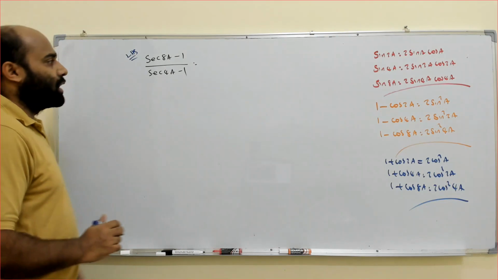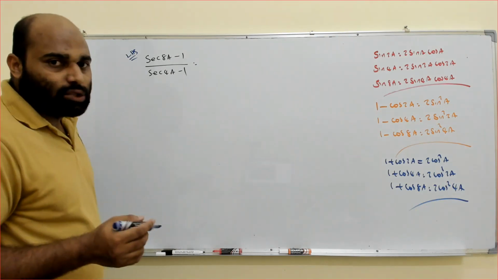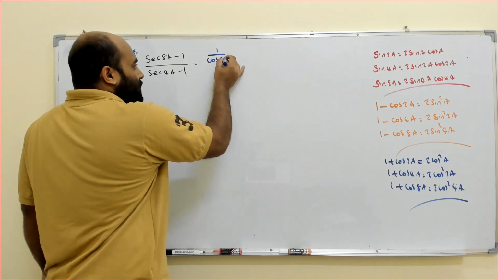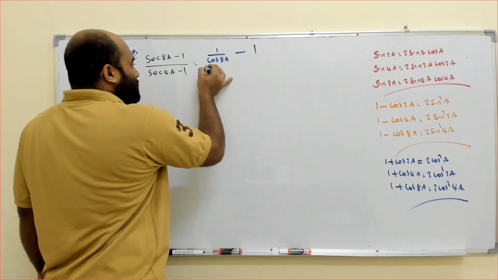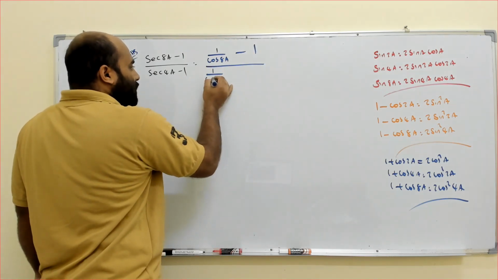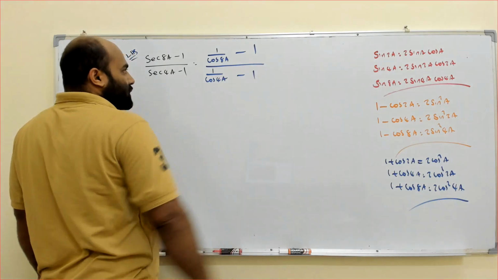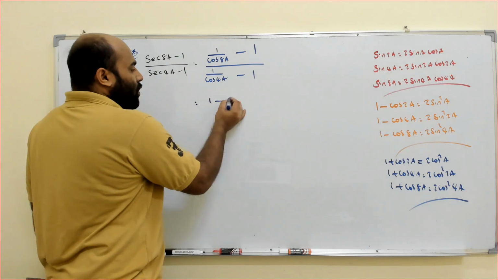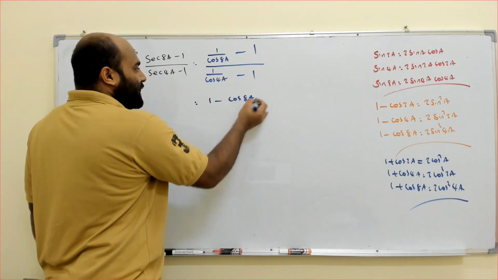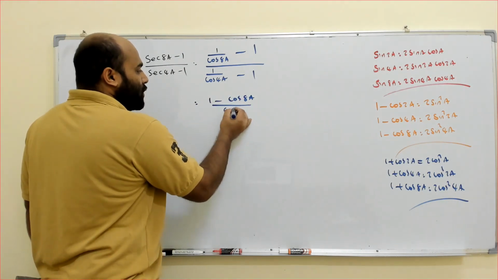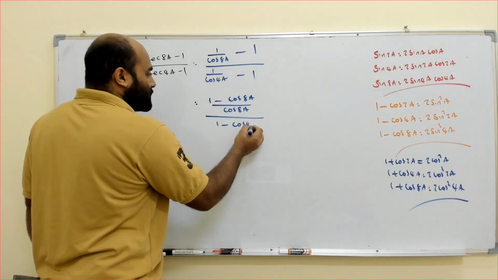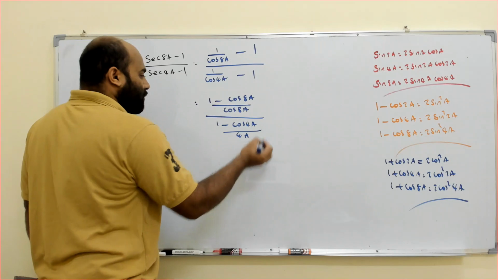So the LHS part you already wrote. What is sec actually? 1 by cos 8a, because sec is the reciprocal of cos, divided by 1 by cos 4a minus 1. Please take LCM. It will be 1 minus cos 8a divided by cos 8a, divided by 1 minus cos 4a divided by cos 4a.